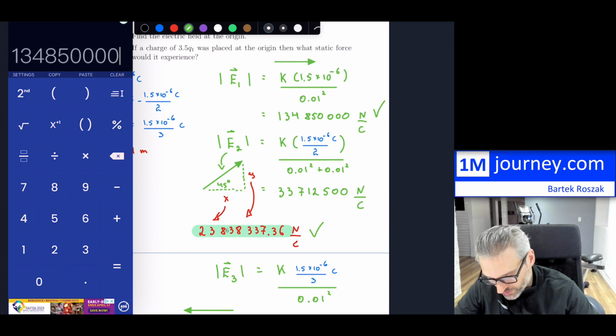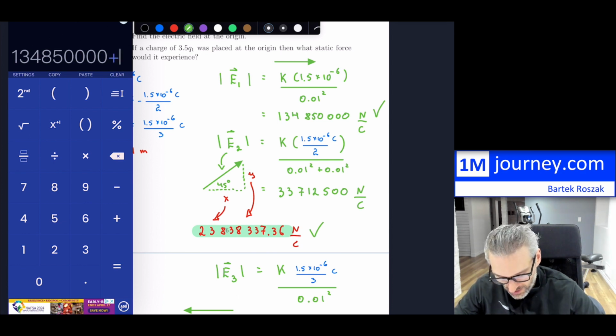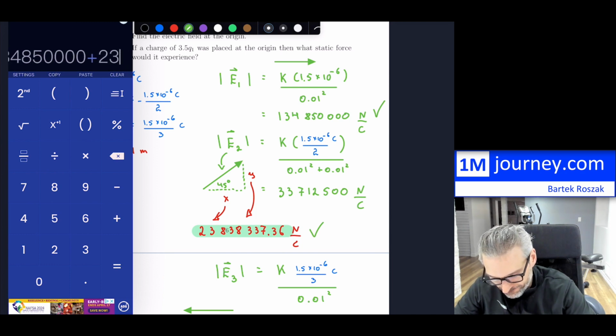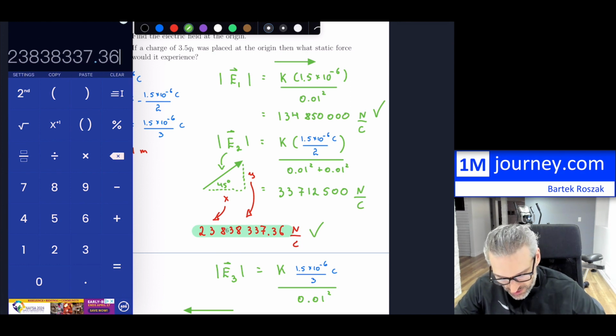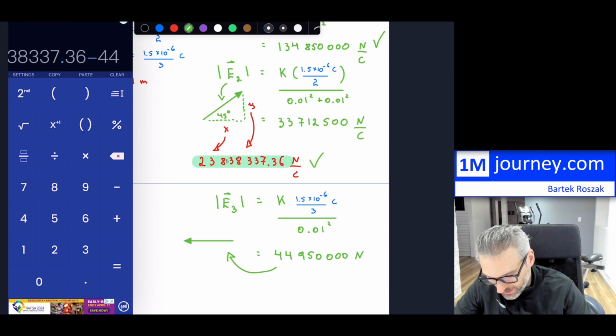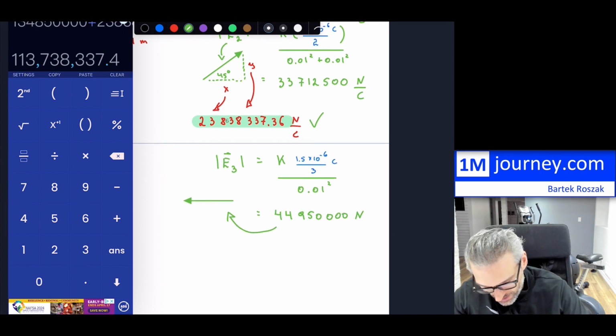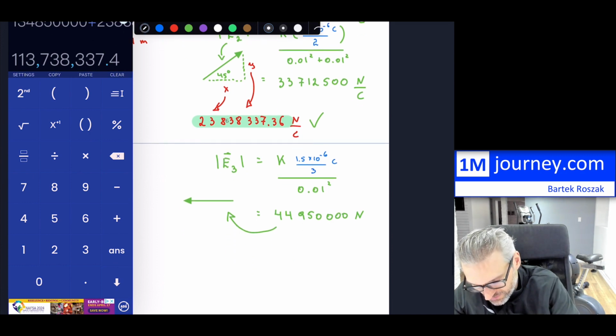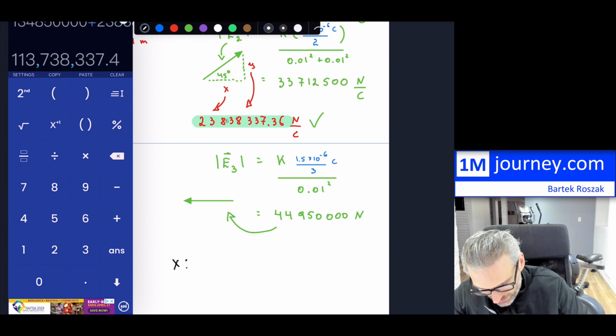So I'm going to take that, so plus 2, 3, 8, 3, 8, 3, 3, 7.36. Okay, so check. And then the last one is going to be subtracting 44,950,000 equals.